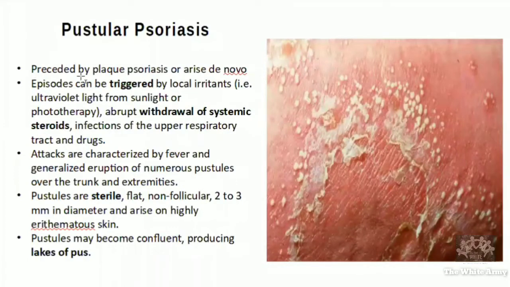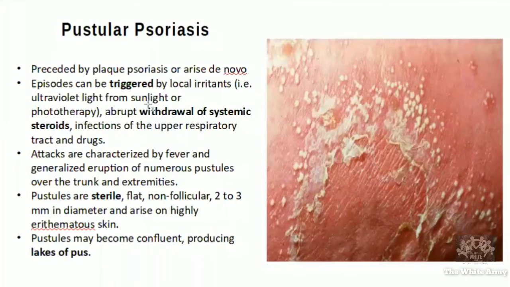Usually preceded in a plaque psoriasis patient. Sometimes it can also occur de novo without any previous history of psoriasis. It is usually triggered, like in patients who are given irritants like dithranol or tar as a treatment. Because of the chronic irritation, there will be this pustule formation.